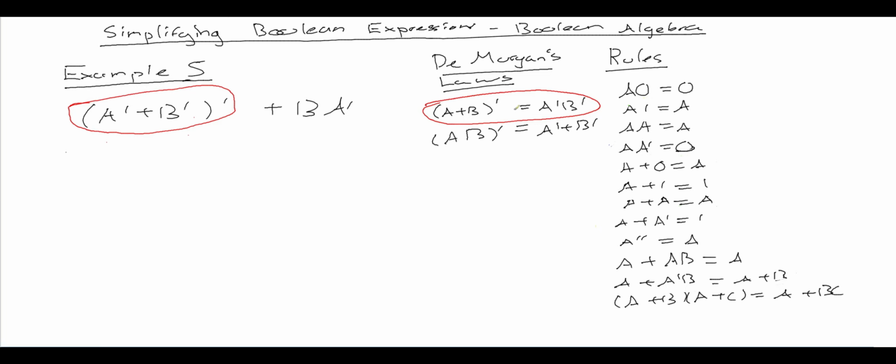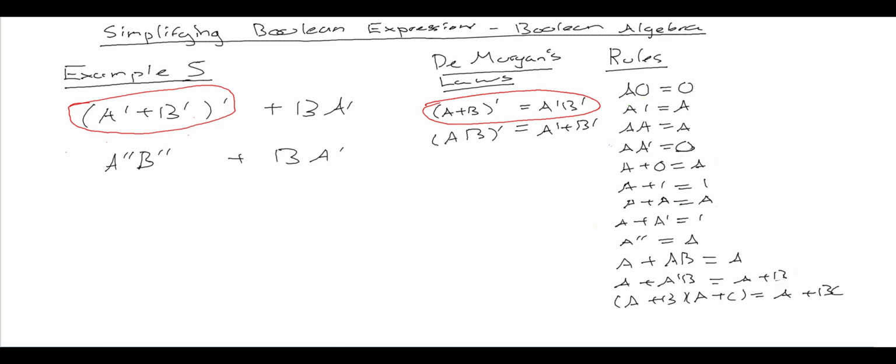If we apply this law, what we're left with is, in our case, not A and not B, because these two get a knot on both of them when we apply the law, but they've already got a knot on both of them. So if we just apply that, that's what we're left with.